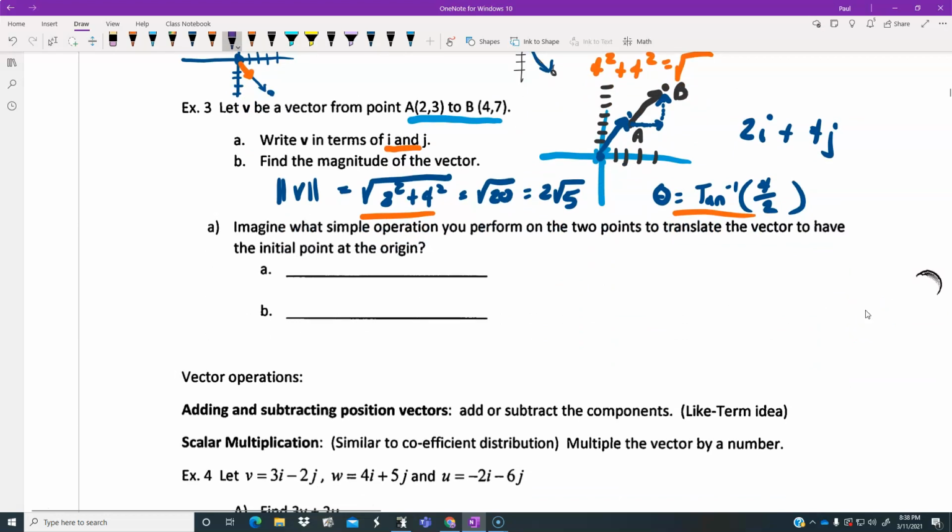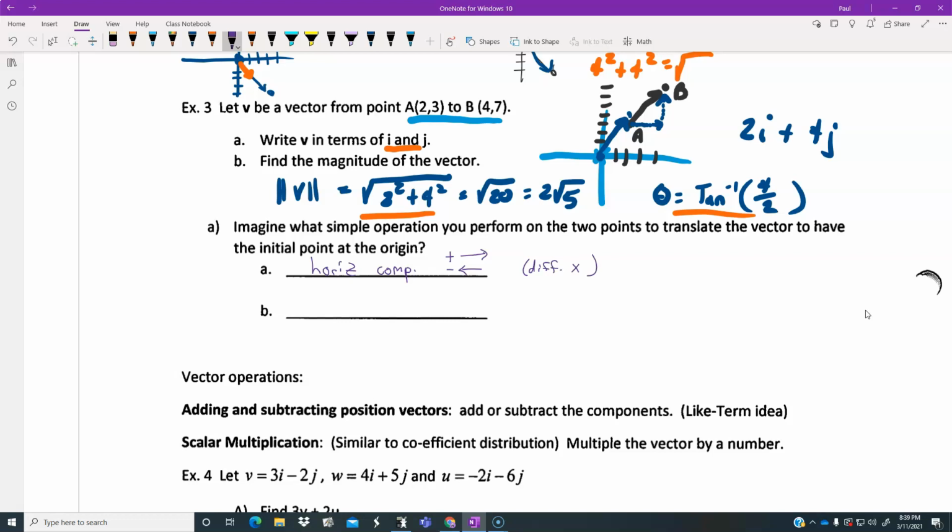So think about what kind of simple operations you could perform on 2 points to translate those vectors to their initial points. Well, what you want to do is find their horizontal component, and find out whether it's positive because it's going right, or negative because it's going left. It's really about finding the difference between the two x values.